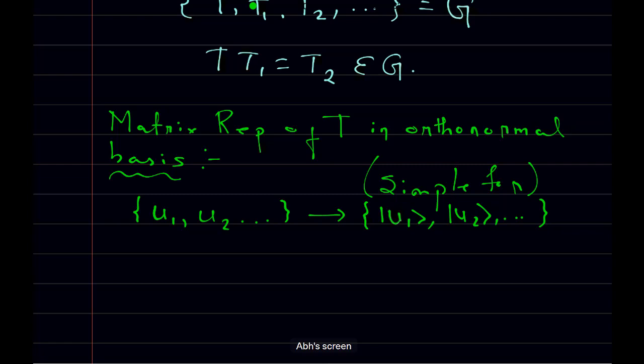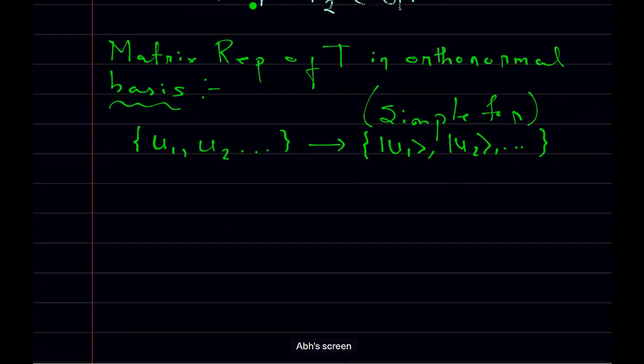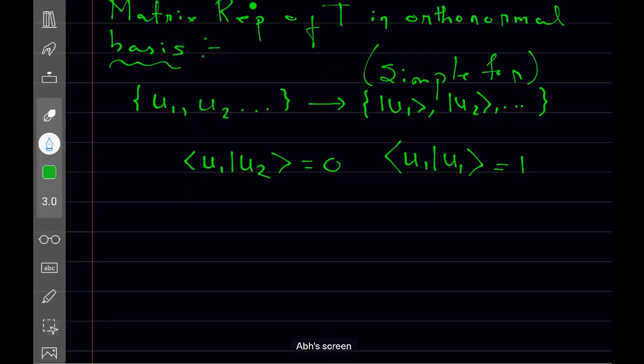If the u1, u2 that we considered form an orthonormal set, then the beautiful thing is, whenever you have u1 and u2 dot producted, you get 0, and whenever you have u1 and u1 dot producted, you get 1. This is a very simple thing that is going to help you form a matrix representation of T in a very simple way. Let's look at how it is possible.